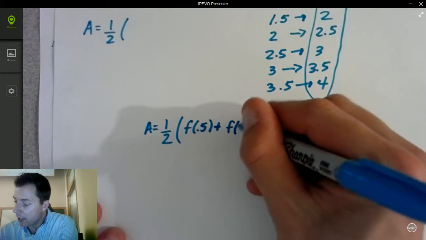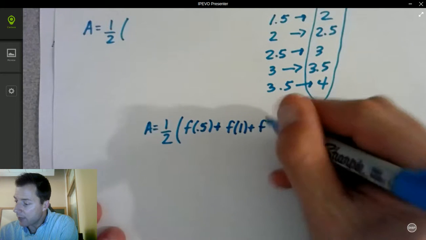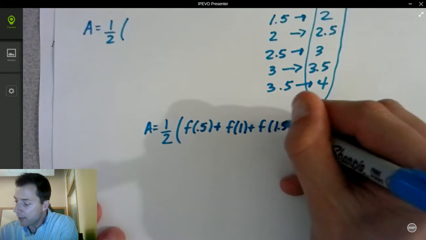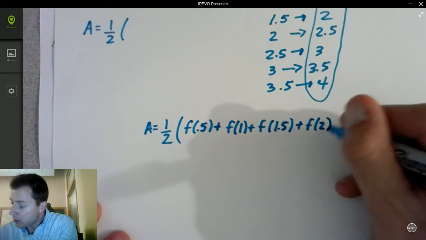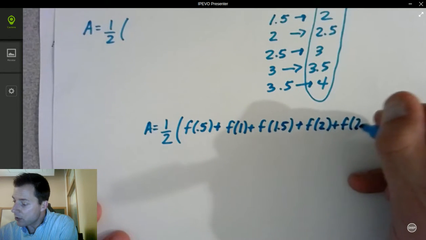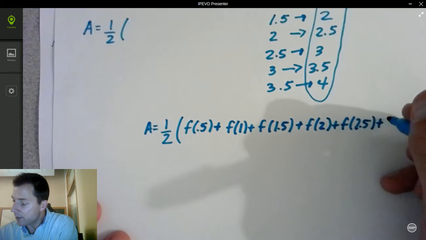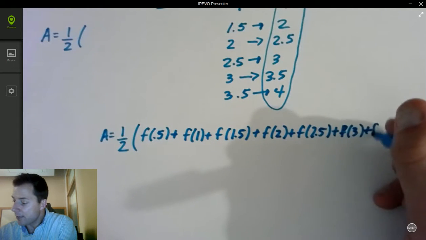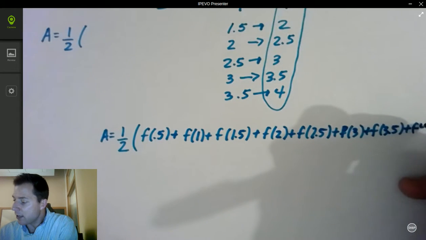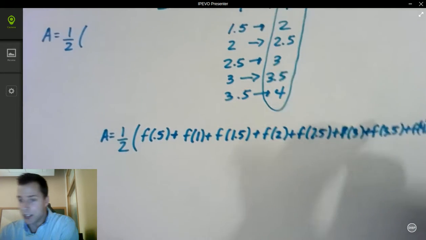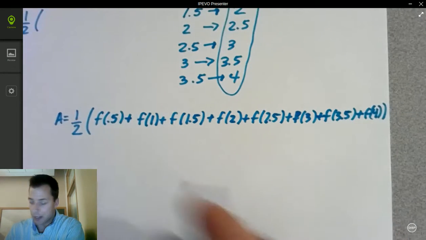So f of 1 plus f of 1.5 plus f of 2 plus f of 2.5 plus f of 3 plus f of 3.5 and f of 4. I can squeeze that in there.